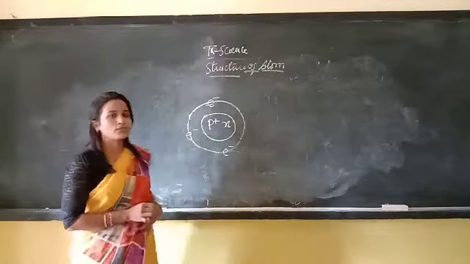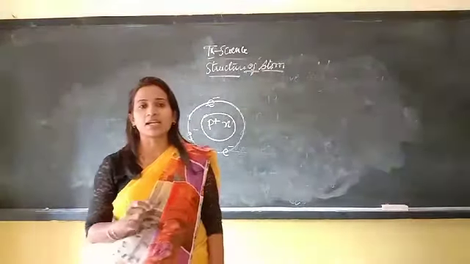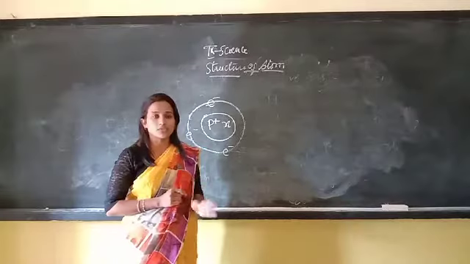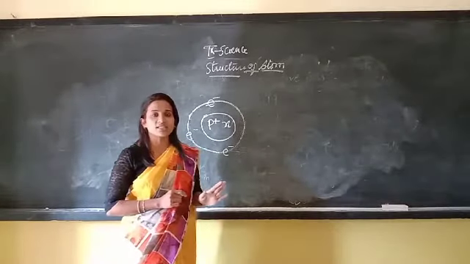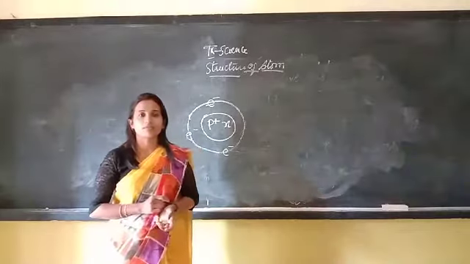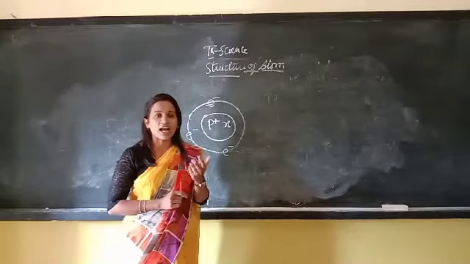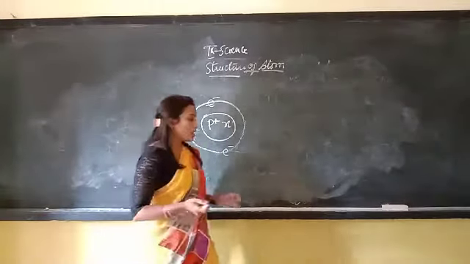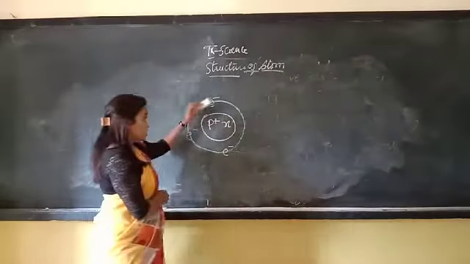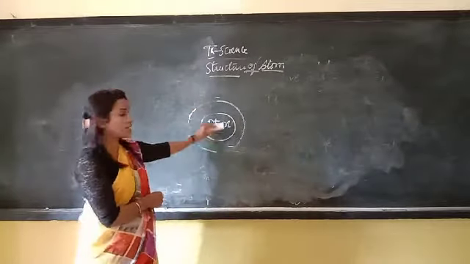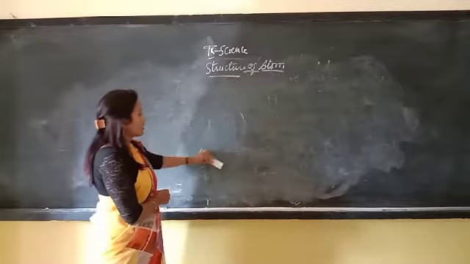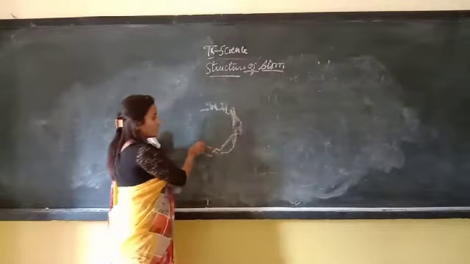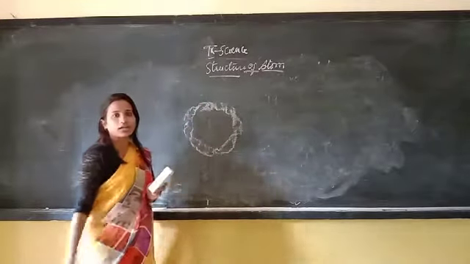Rutherford experimented and prepared a model regarding that. They wanted to see how this structure actually looks, what the appearance of the structure of the atom is. According to J.J. Thomson, a very famous scientist at that time, the atom is in the form of a sphere, or circular.